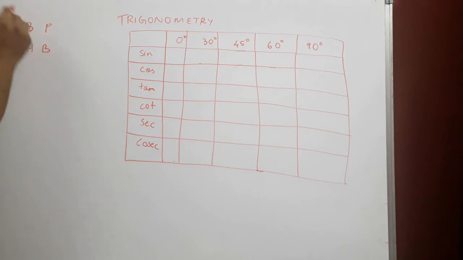And similarly, using this Pandit Badri Prasad Har Har Bole, we were able to find out what is sine, cos, tan, cot, sec and cosec, right?